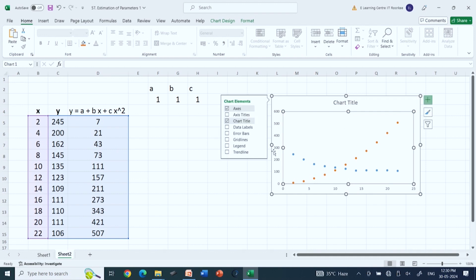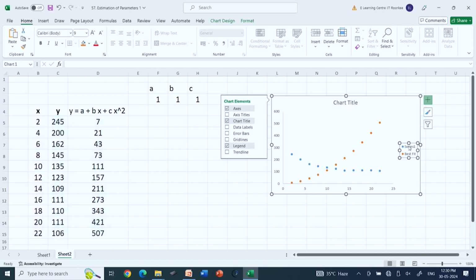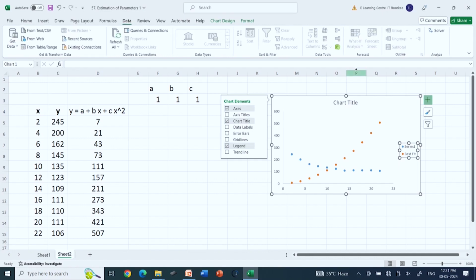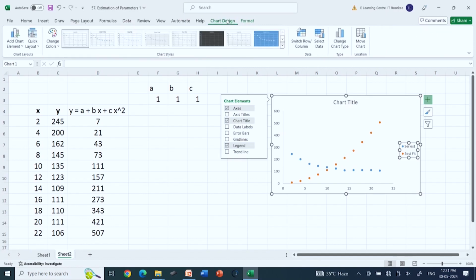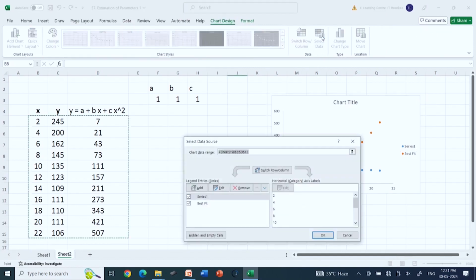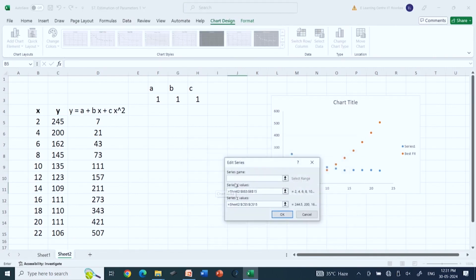And show legends. The series 1, I can go to data, chart design, select data, series 1, edit and name it as data.